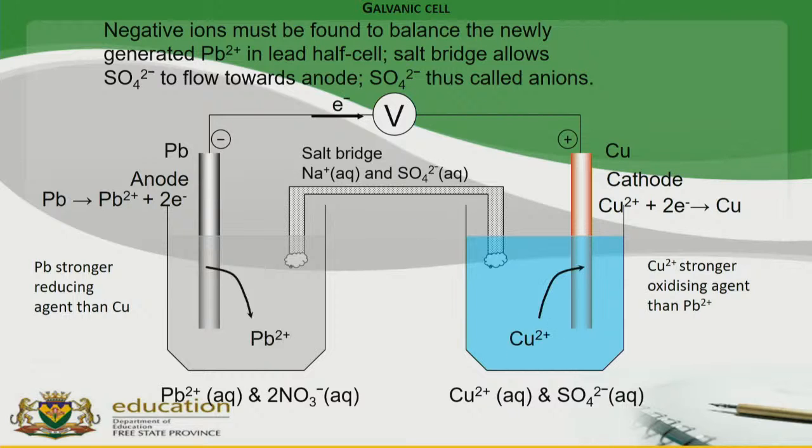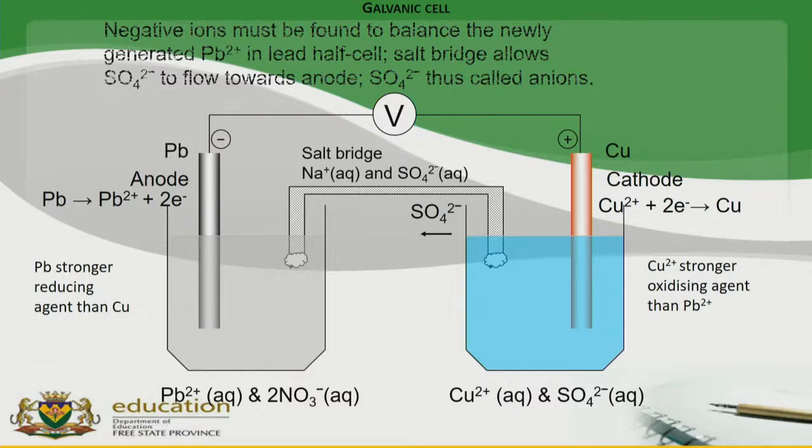You either say the function of a salt bridge is to complete the circuit, or you say it maintains electrical neutrality. Why? Remember, we had more positive ions here. So the salt bridge will allow the negative ions in the salt bridge to migrate towards the lead electrode so that they can neutralize those positive ions so that we can go back to a neutral solution.